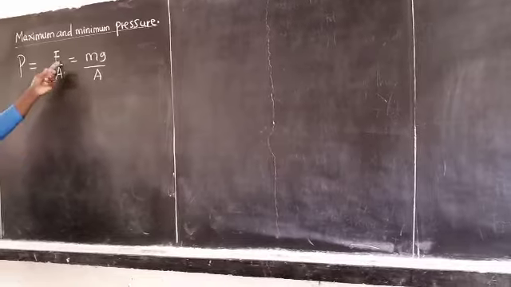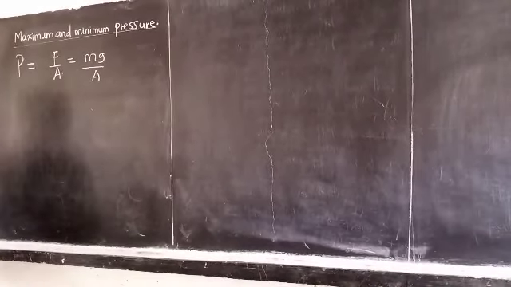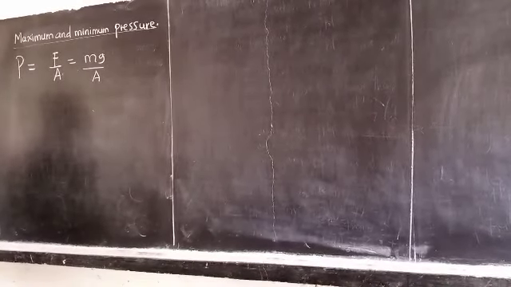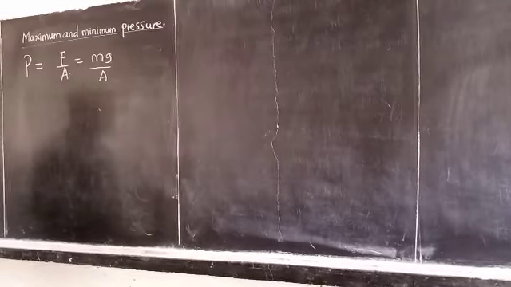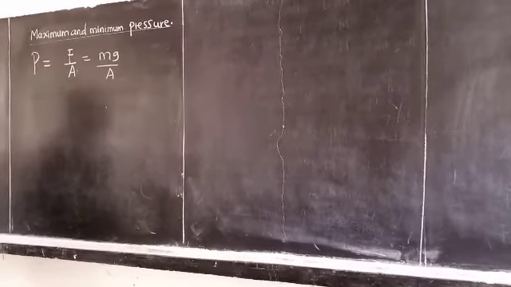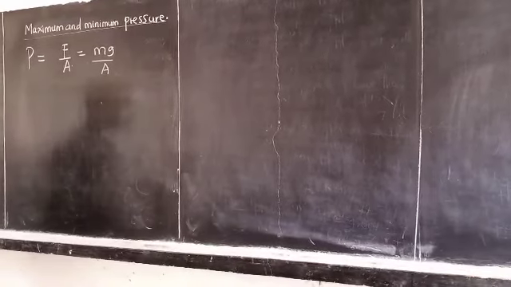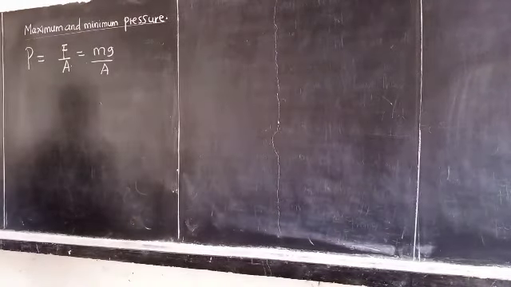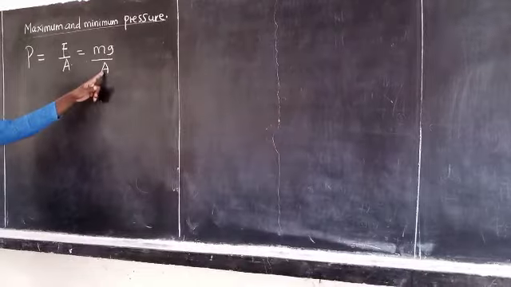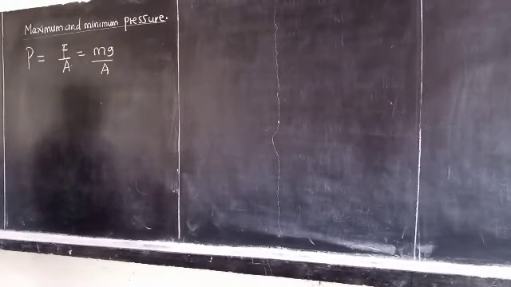We know very well that force is mg, and the mass of any body is constant. It does not change even when you move from one planet to another. But the area in contact of a body can change.